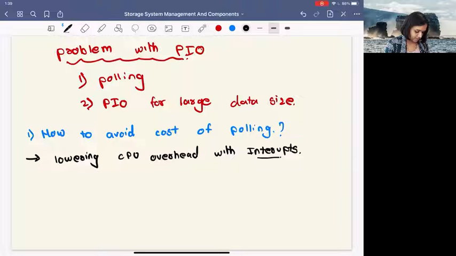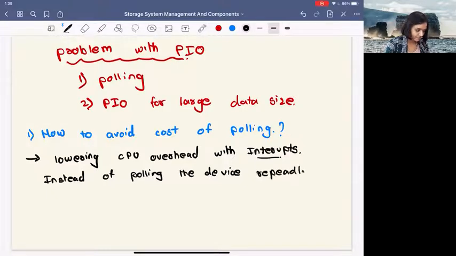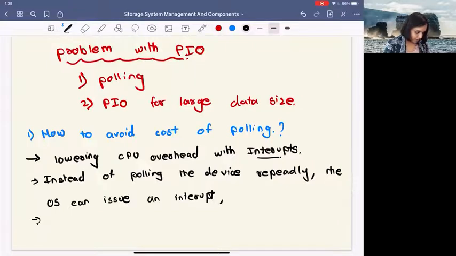Instead of polling the device repeatedly, the OS can simply issue a request and then put the calling process to sleep.